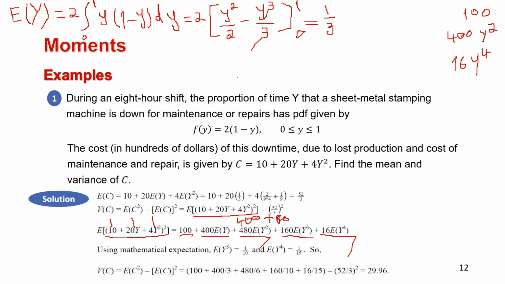And then we should add, let's use another color, 2 times 10 times 20y, and then 2 times 10 times 4y square.